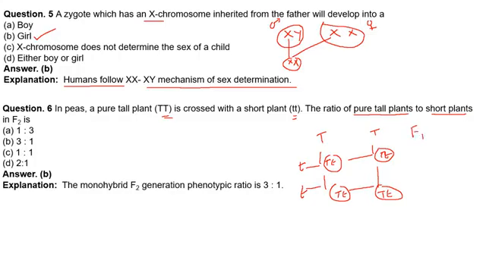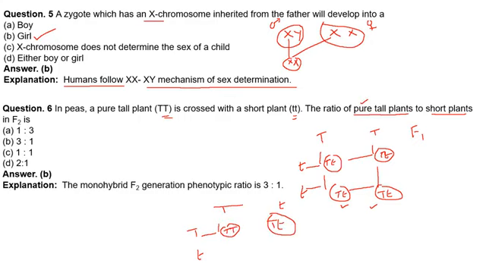And what about the F2 generation? For the F2 generation, I'll take the two gametes and cross them. My two gametes are capital T, small t, and here capital T and small t, right? If I cross here, I'm getting capital T capital T, which is a pure tall plant as mentioned, and capital T, small t.